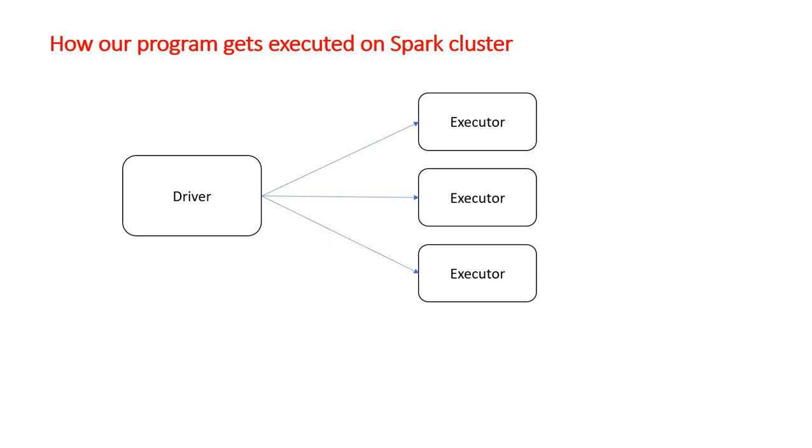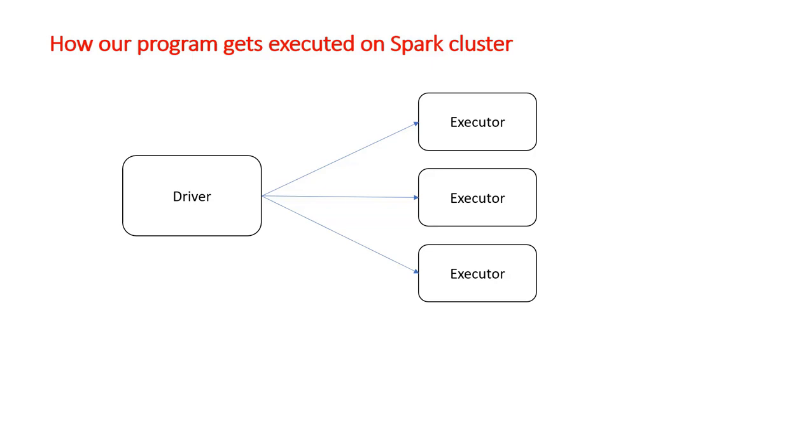The driver is the main program, which is the master, and the slaves are the executors. The driver has the complete responsibility to analyze things, to distribute them, to schedule and monitor the work across the executors. It takes all the status from the executors.